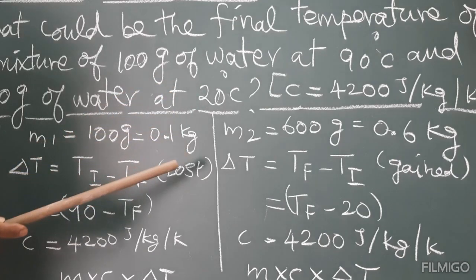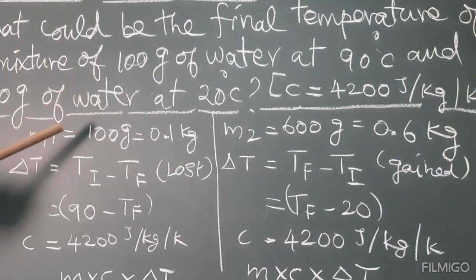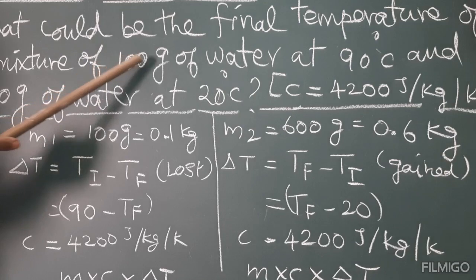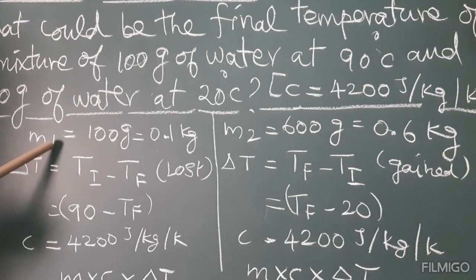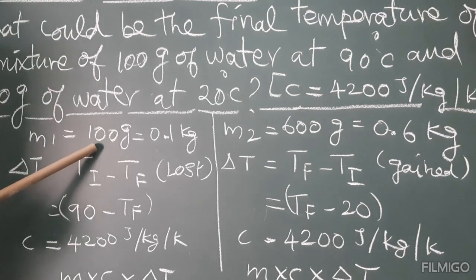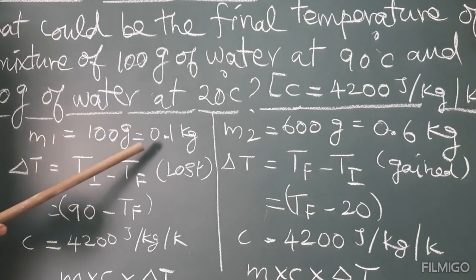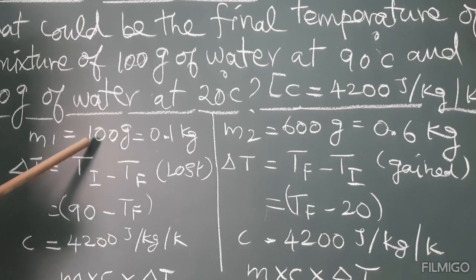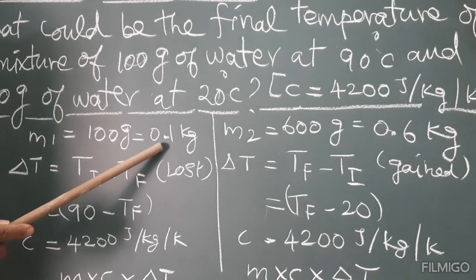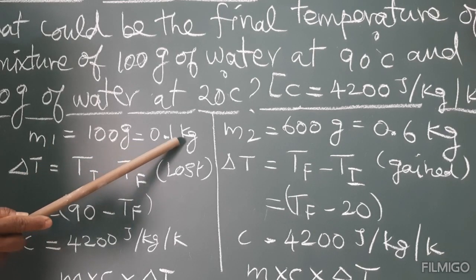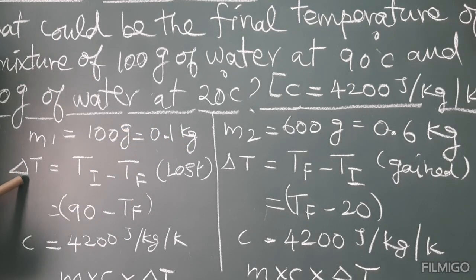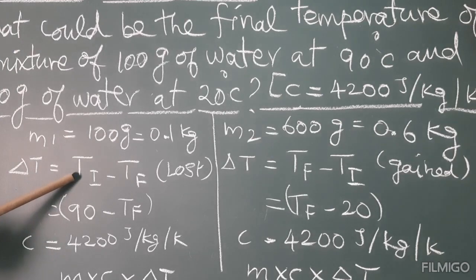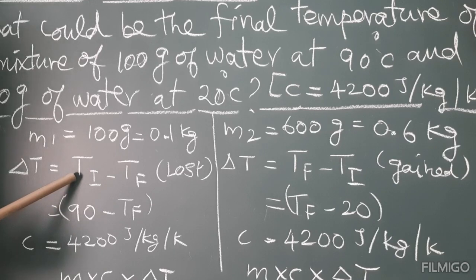Let us list out the information given in the problem. Let us consider this 100 grams of water as M1. M1, the mass of the water, is equal to 100 grams. This 100 grams can be converted into kilograms, which is 0.1 kilogram. Then the temperature difference, delta T. The initial temperature of this 100 grams of water is taken as Ti.